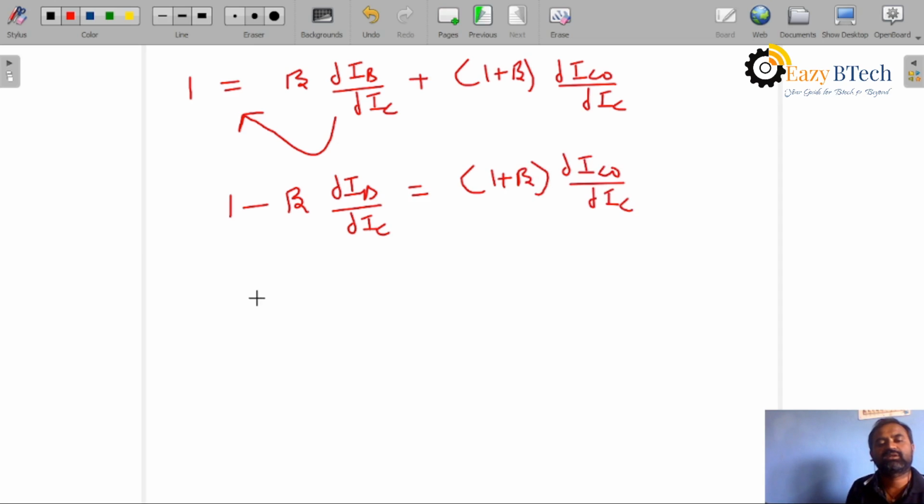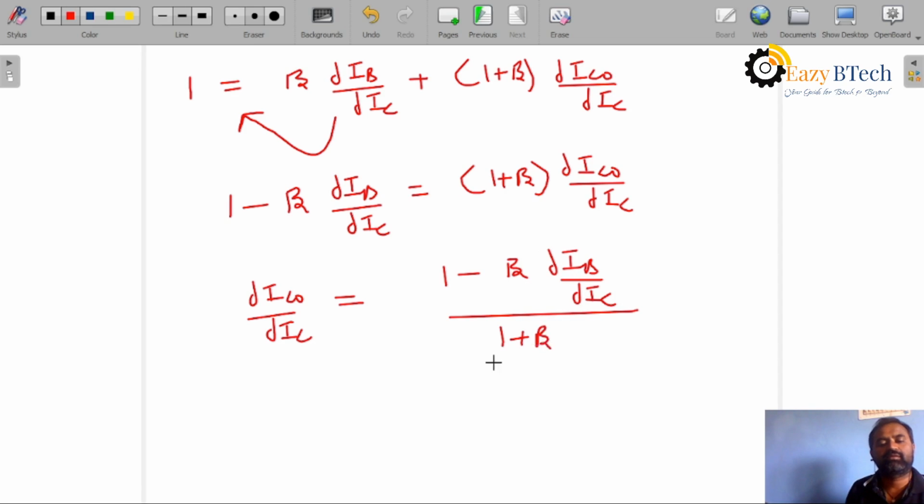From this, dou IC naught by dou IC is equal to (1 minus beta dou IB by dou IC) by (1 plus beta).